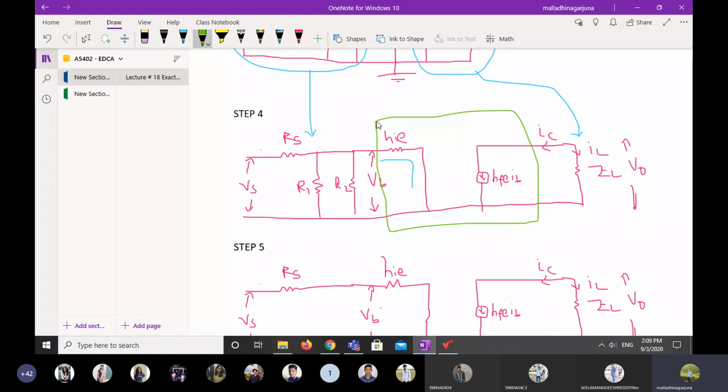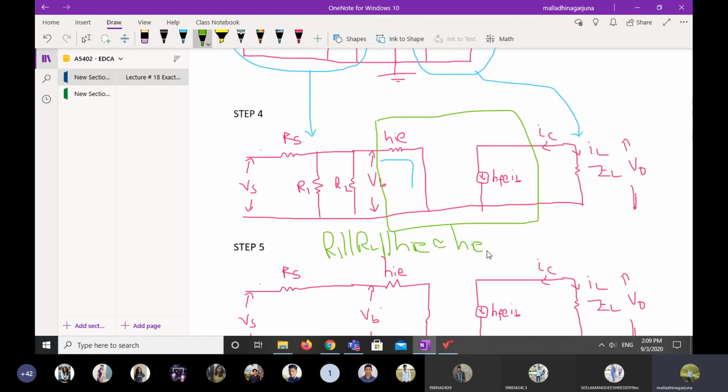Later, R1 and R2 can also be eliminated, because if you take the equivalent resistance, R1 parallel to R2 parallel to HIE is approximately equal to HIE only. Why? Because R1 is 47 kilo ohm, R2 is 4.7 kilo ohm, and HIE is 1.1 kilo ohm, the typical values.